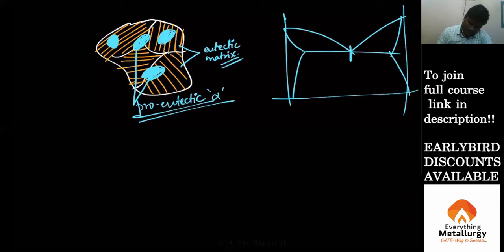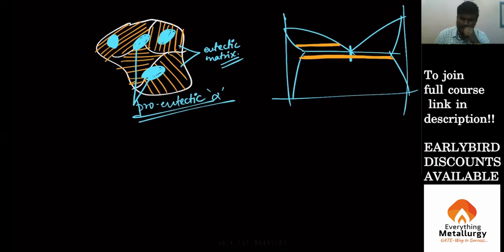The pro-eutectic takes place if you are in this region. I'm using a different color in this region. And similarly you must draw just below the eutectic point. So these are the two cases.